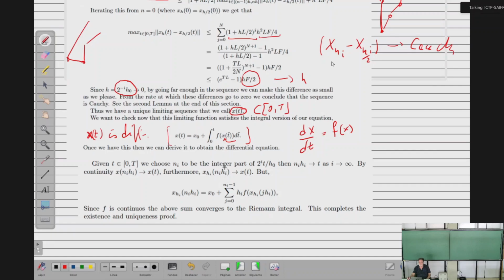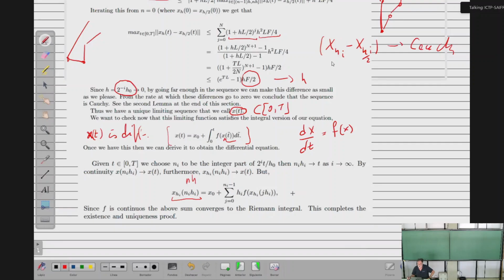In fact, you can see that you can have any t here in the interval, and we can do Euler's method. It just tells us that this value here at the point nh, say fixed, is equal to the initial value plus all the Euler terms, all the sums, right?